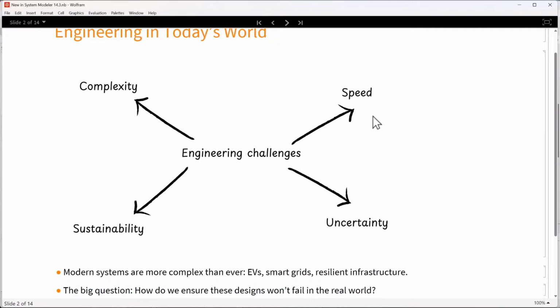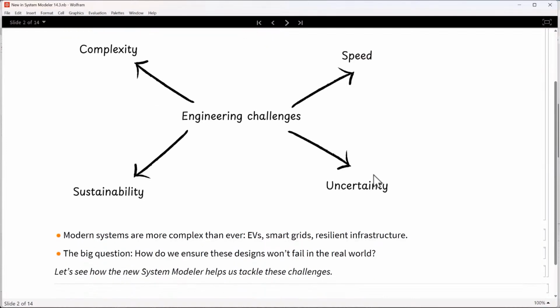The pressure to deliver faster means we need tools that shorten prototyping cycles and reduce manual work. Real world conditions like weather, usage patterns, or supply variability are unpredictable, but designs still need to perform reliably. These four challenges, complexity, sustainability, speed, and uncertainty, are what defines modern engineering.